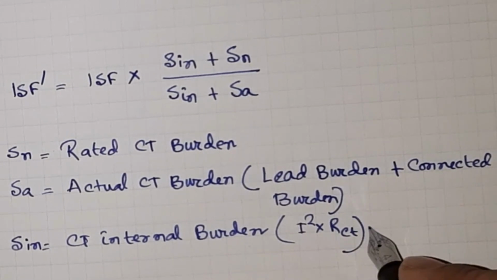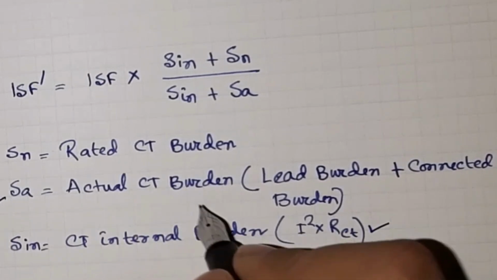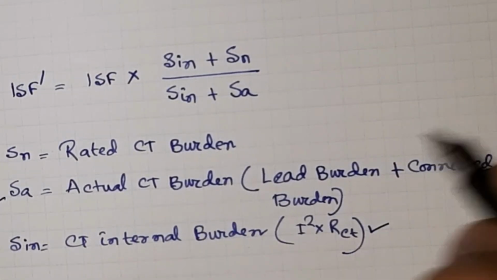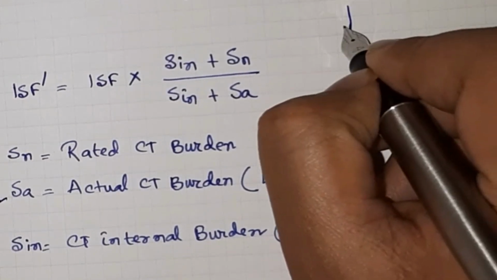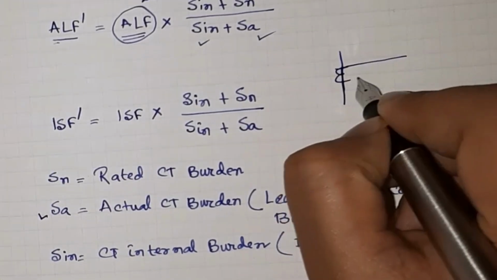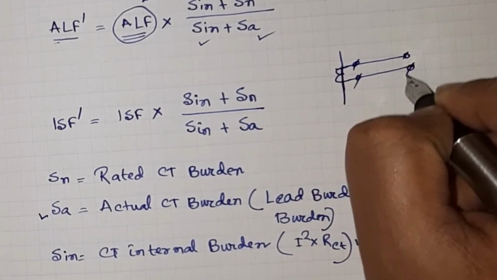I squared into RCT. Sa is the actual CT burden, that is the actual load on the CT, which is the lead burden plus the connected burden. Lead burden means, suppose this is a CT, and it is connected through a cable. The power loss through the lead is the lead burden.